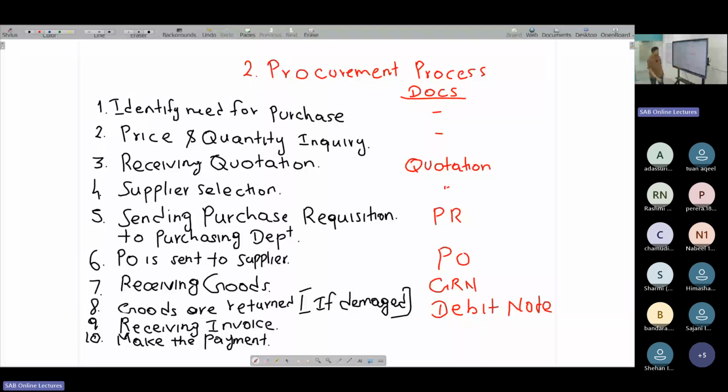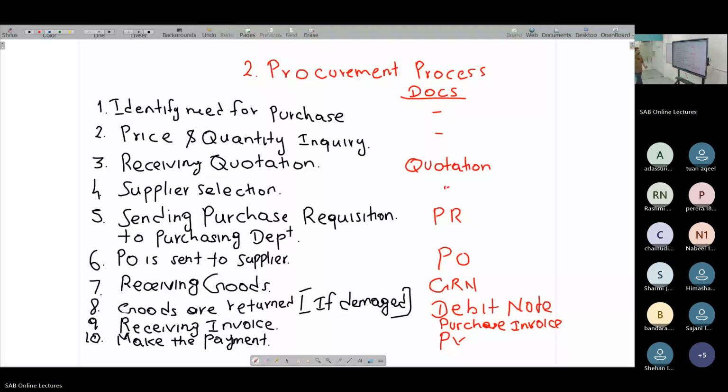So documents: purchase invoice, payment document, payment option.